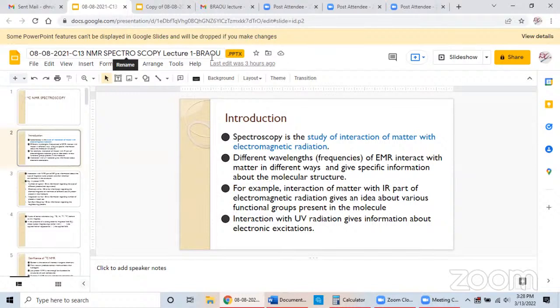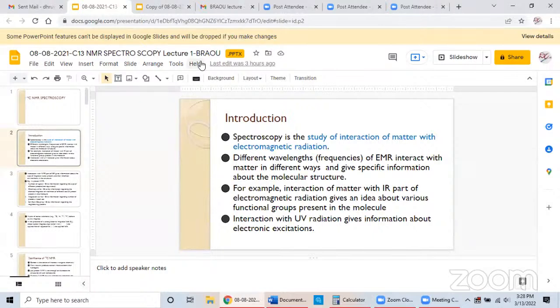It's just a physical principle: when a magnet is placed in an external magnetic field, it will either be aligned with the applied field or opposite to the applied field. This is the basis of NMR spectroscopy.